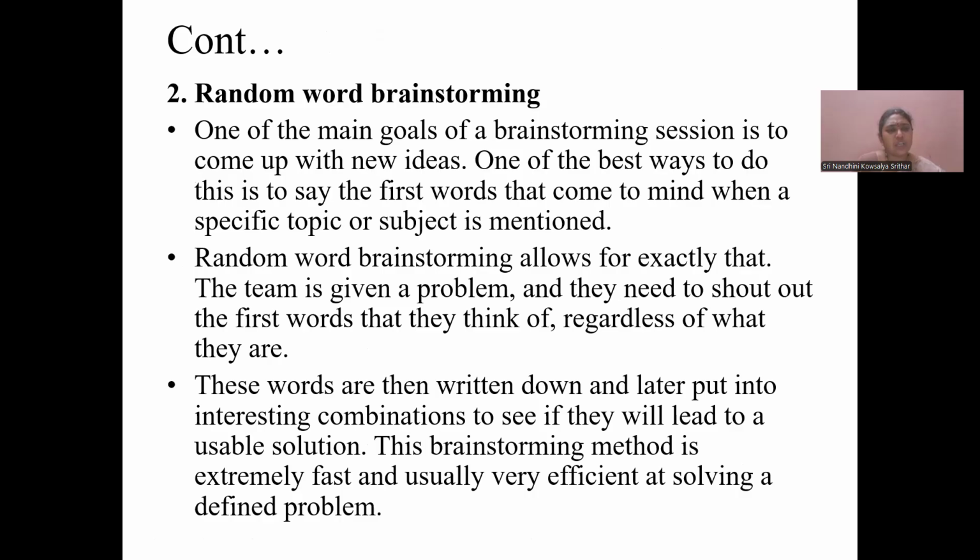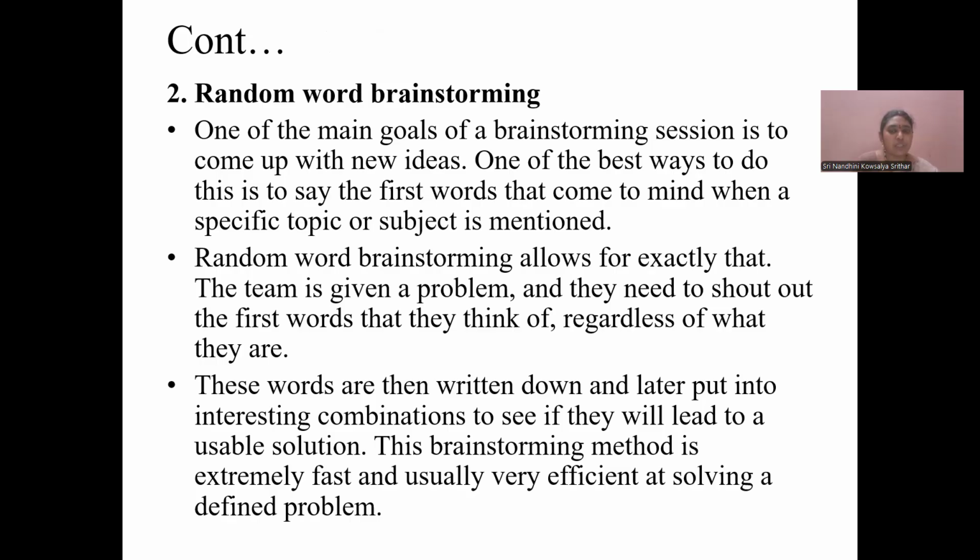So in this, one of the main goals of a brainstorming session is to come up with new ideas. One of the best ways to do this is to say the first word that comes to mind when a specific topic or subject is mentioned. So this is called random word brainstorming.